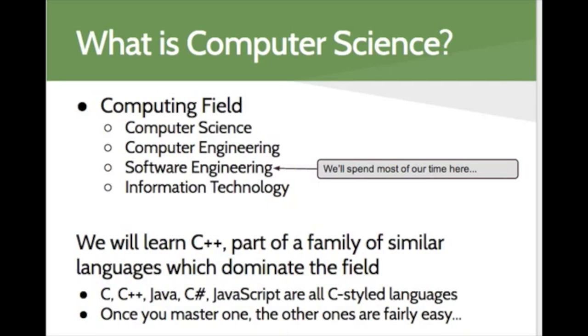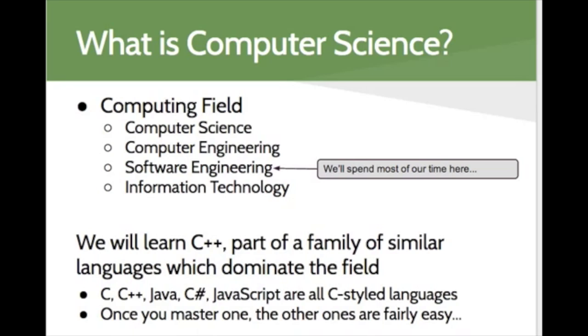Software engineering, as the slide says, is probably the more closely related subfield of computing that this course really covers. And software engineering is all about programming. It's about programming large-scale applications, although we'll start pretty small scale.